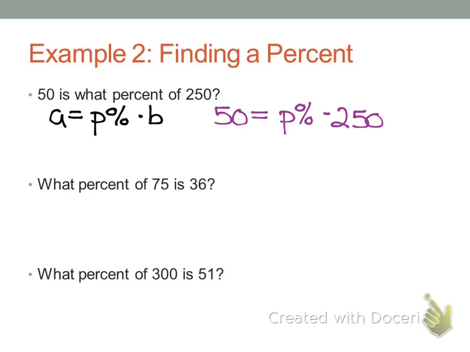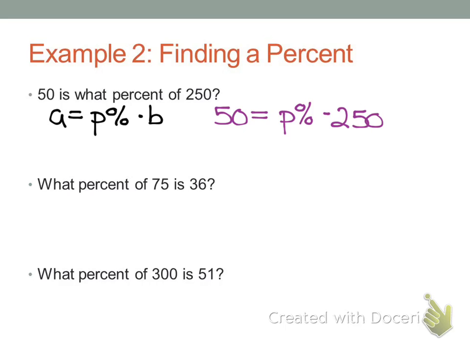Now, one thing that I like to do, especially when I'm solving for P, is I like to simplify this variable a little bit more. We can all assume that we know that P stands for percent, right? Now, what's a better way to write a number multiplied by a variable? What's the way that I taught you? I always write the number first before the variable.